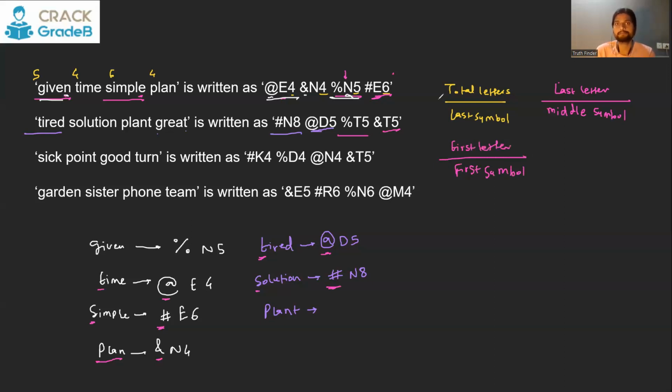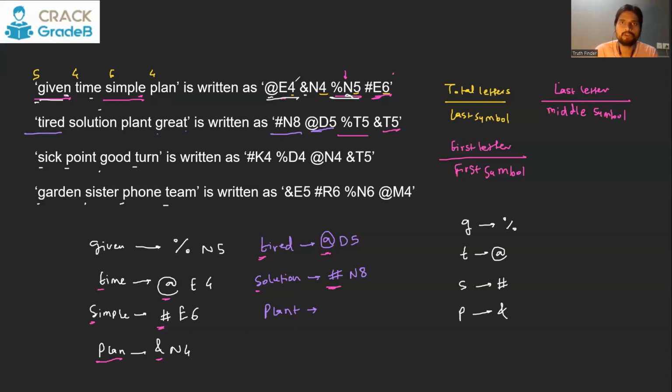If G is the first letter, it should have percentage. If T is the first letter, it should have @. If S is the first letter, it should have hash. If P is the first letter, it should have ampersand. So everywhere the same 4 letters are there, so all 4 are done.